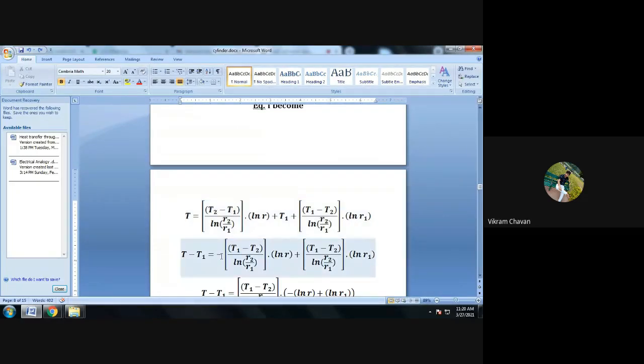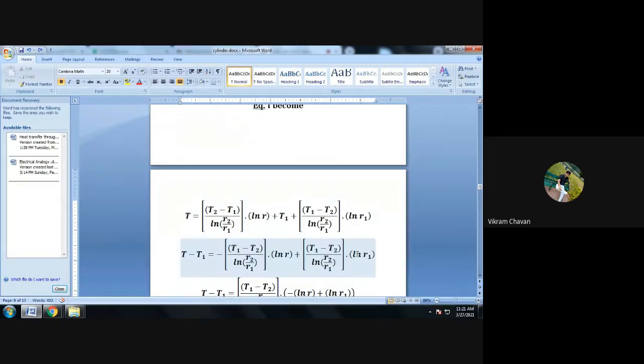If you take the minus sign out of a bracket, it becomes minus into bracket (T1 minus T2) whole divided by ln of R2 divided by R1, bracket complete, multiplied by ln of R. Plus another bracket, remaining as it is: (T1 minus T2) whole divided by ln of R2 divided by R1, multiplied by ln of R1.